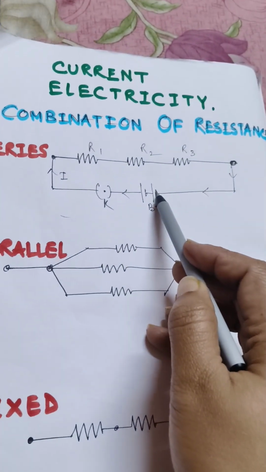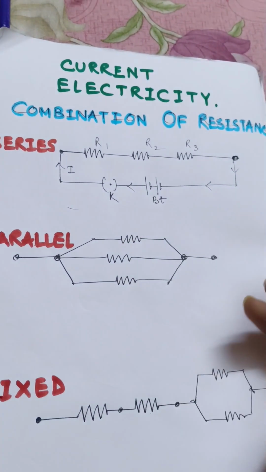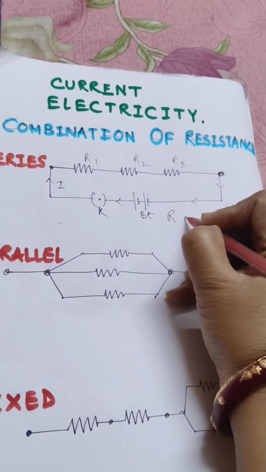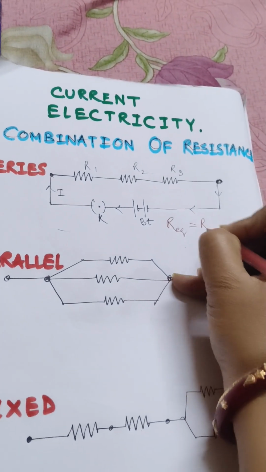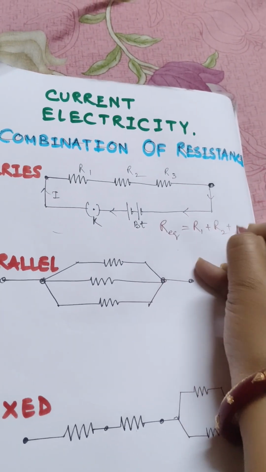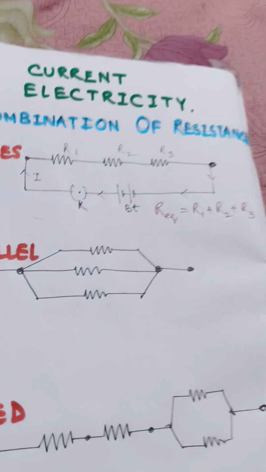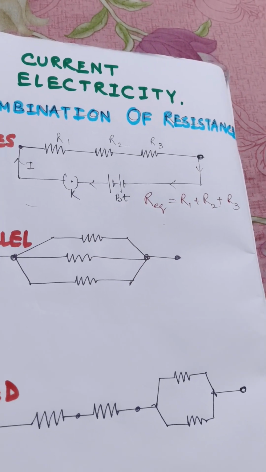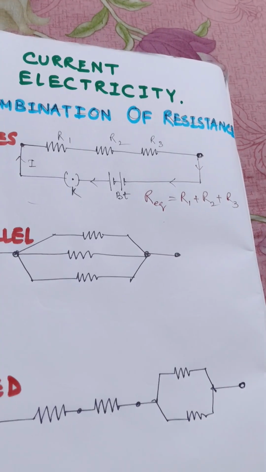In such a series combination, the equivalent resistance R equivalent is R1 plus R2 plus R3. Through R1, R2, R3 the same current flows. Then what is the difference?